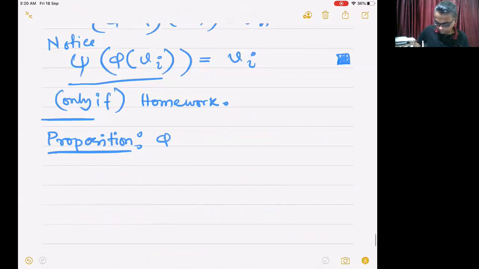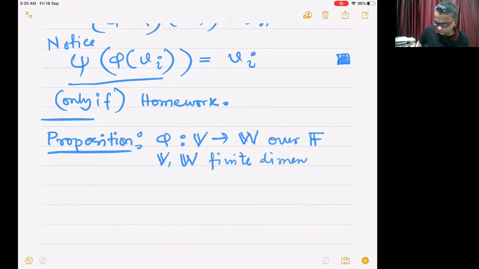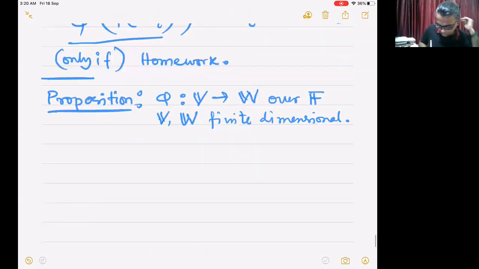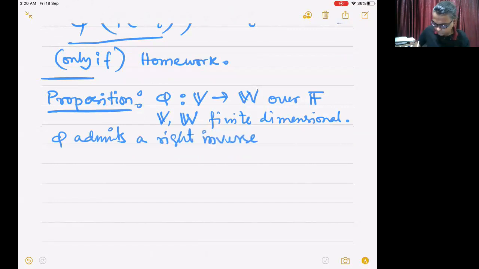Phi once again is a map from V to W. Once again we assume V, W finite dimensional over F. Then phi admits a right inverse if and only if phi is onto.